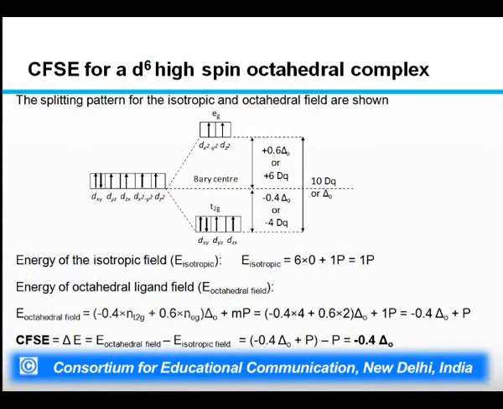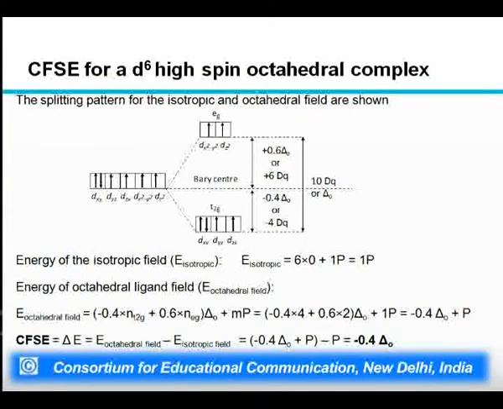So, we can see that in an octahedral field, the electronic configuration is T2G4 Eg2. Now, energy for an isotropic field would be the number of electrons, which is 6, into the energy, which is 0 since it is at the barycenter, and since there is one electron pair involved, we add 1P to it.